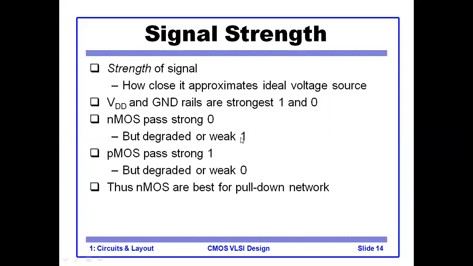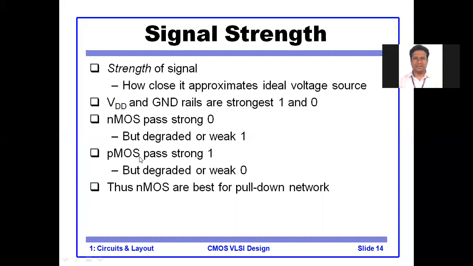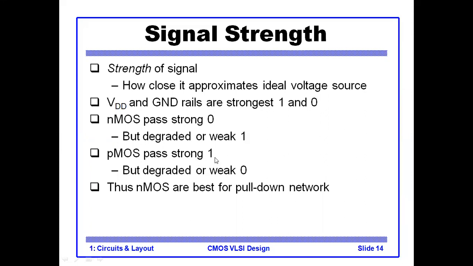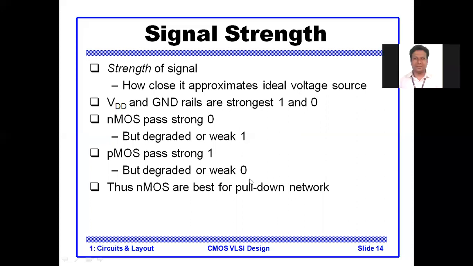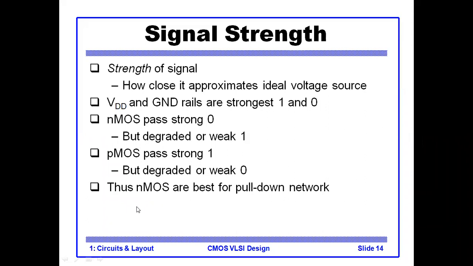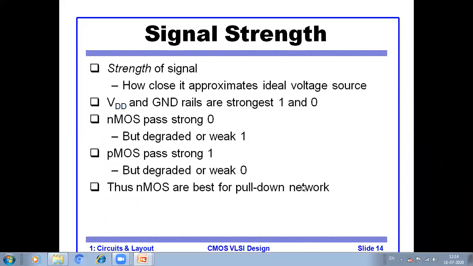When it passes through the NMOS switch, it will not show near 5 volts. Same in the case of the PMOS, it will pass a strong 1 signal, the full 5 volts, but a weak 0 is not possible. So NMOS are best for the pull down network because they pass a strong zero signal.